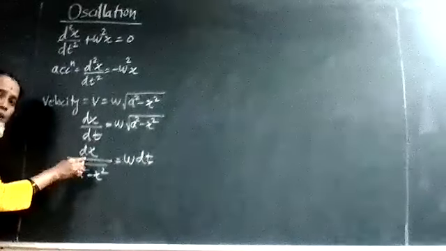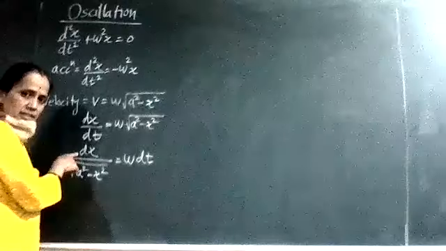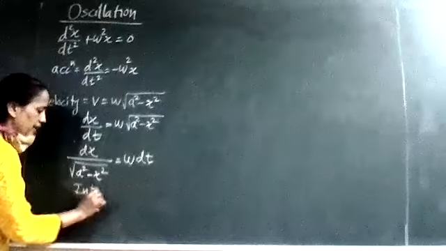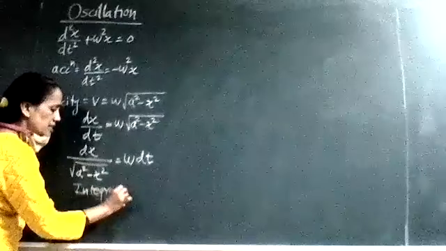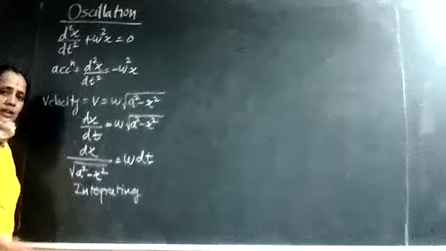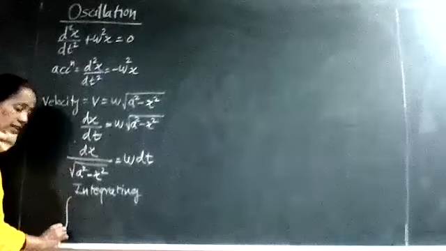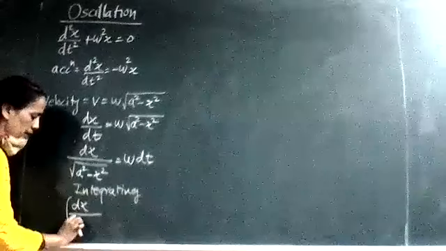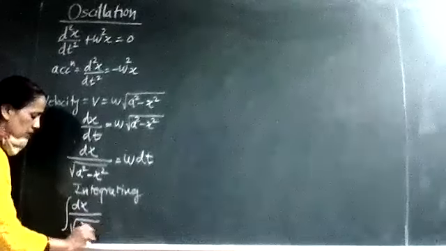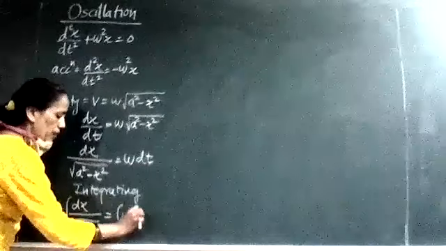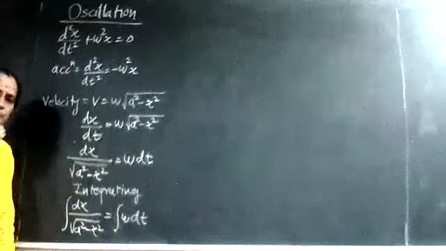Now I want to find x from dx, which means I have to integrate this equation. So integrating the above equation, I put the integration sign. Integration of dx divided by under root of a square minus x square is equal to integration of omega into dt.